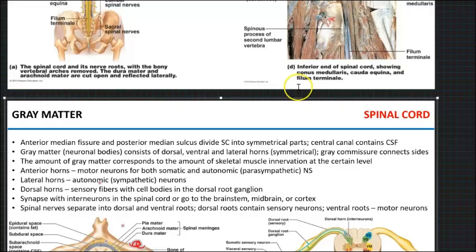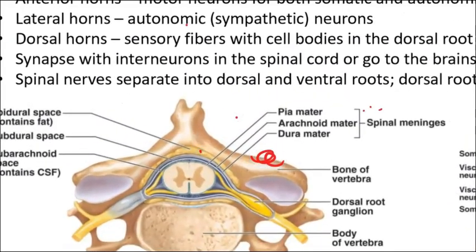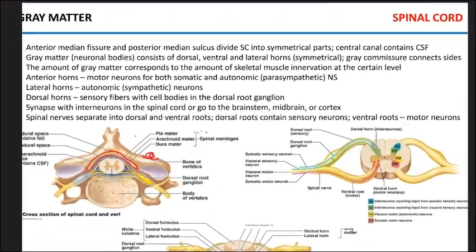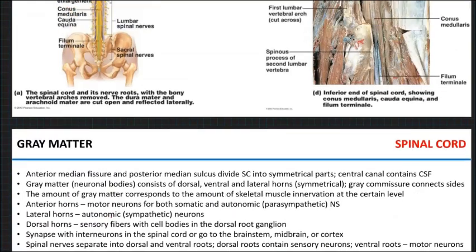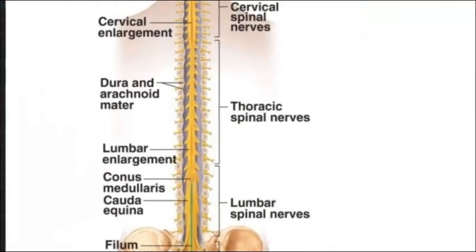So, basically what I was trying to say all this time is that that space over here is the epidural space. You see a lot of fat, so it's really good at absorbing drugs. So, you know, we get injections in there. The spinal cord does not extend all the way down to your pelvis.